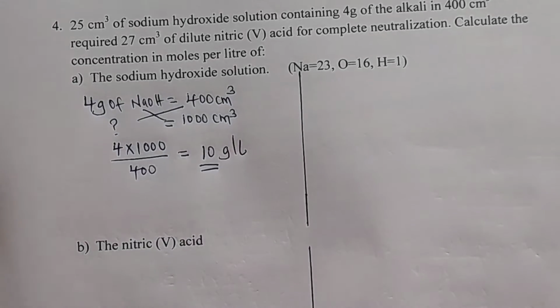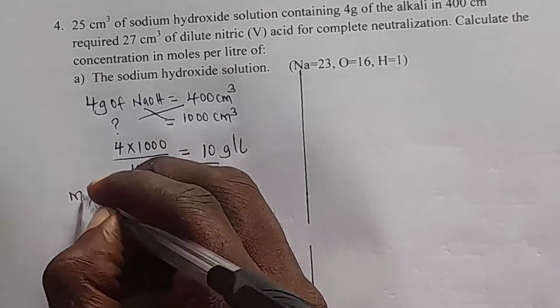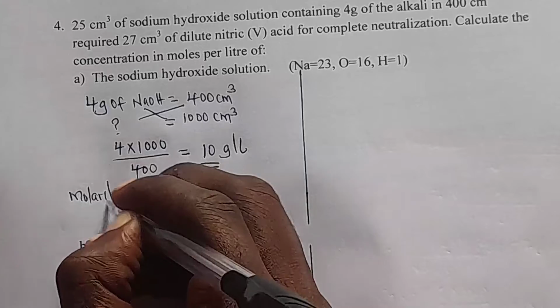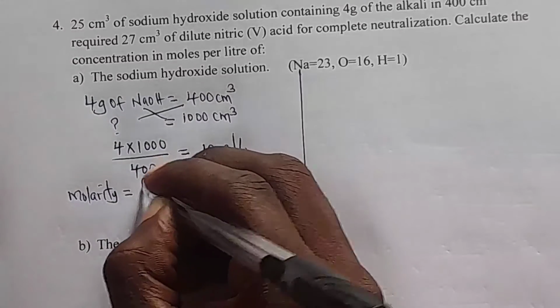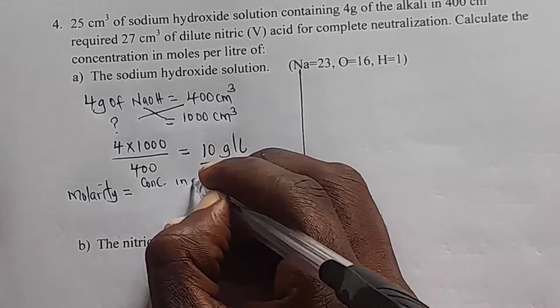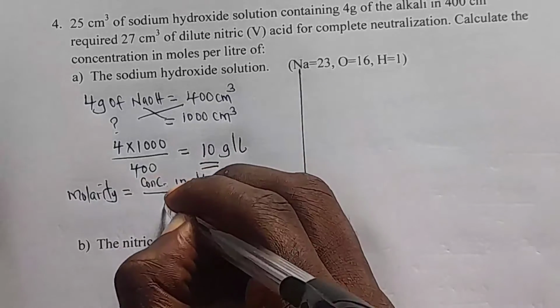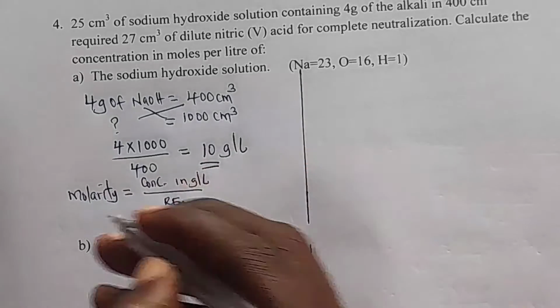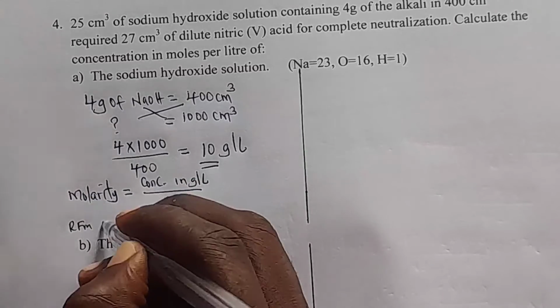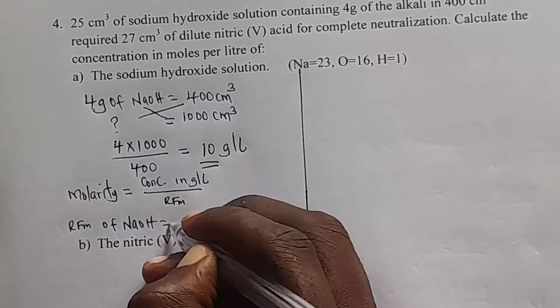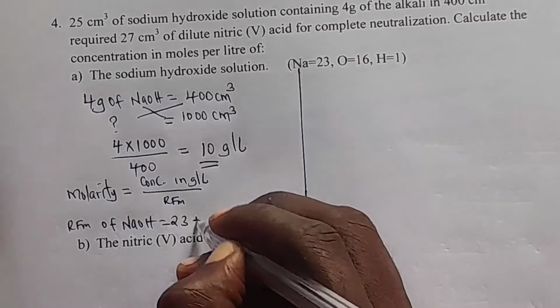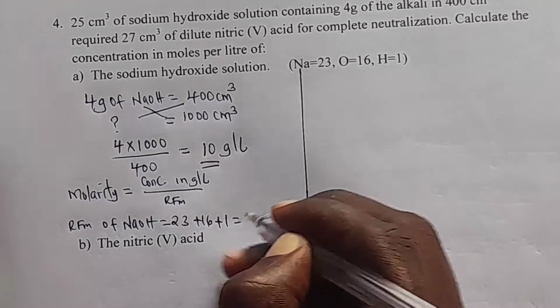So remember, molarity or concentration in moles per liter will be equal to concentration in gram per liter over the RFM. So I have to get the RFM of sodium hydroxide. Sodium is 23, plus 16 for oxygen, plus 1 for hydrogen.